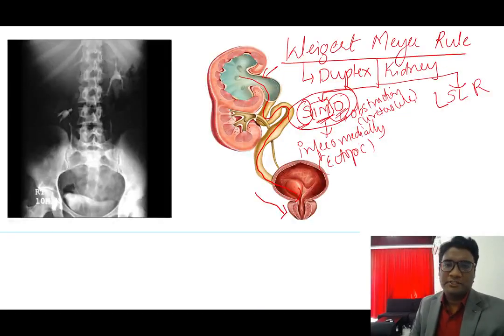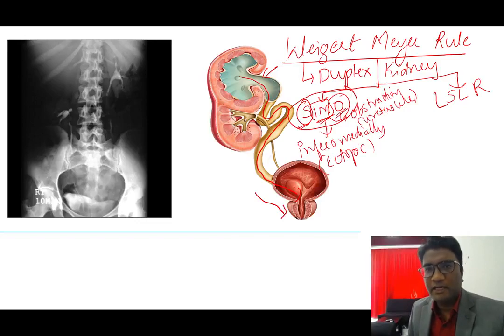And in the duplication system, don't forget the Weigert-Meyer rule, right? SIMO. The superior ureter is inserted ectopically, infero-medially on the bladder, more prone to obstruction, commonly as ureterocele. Whereas vesicoureteric reflux is more common with the lower ureter.